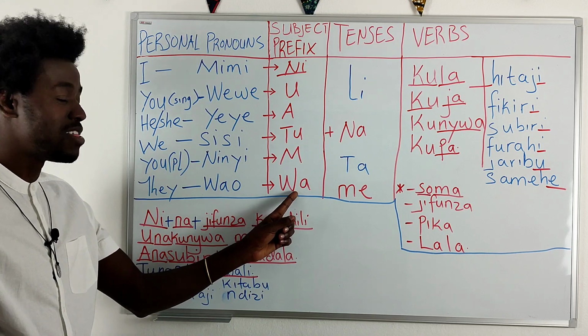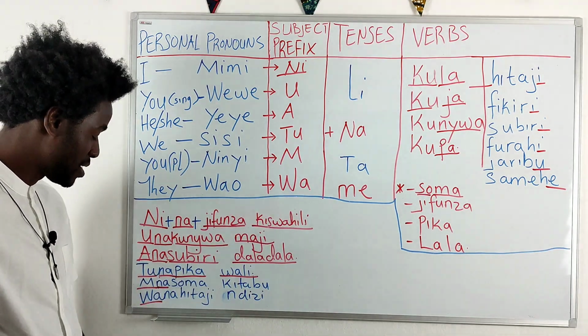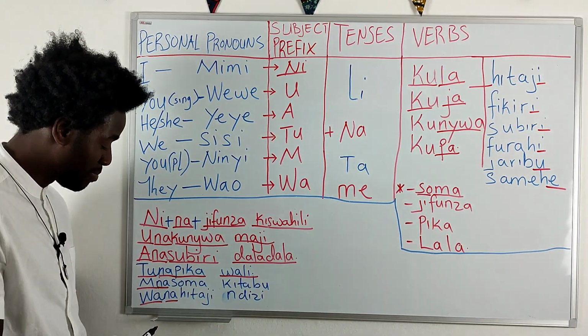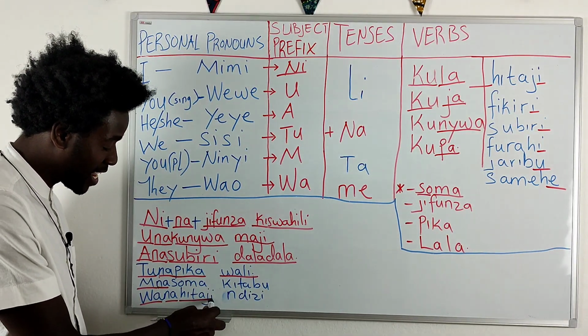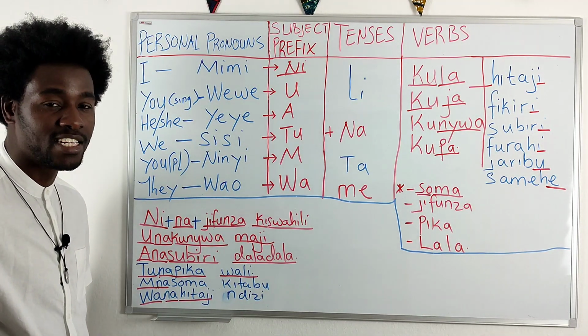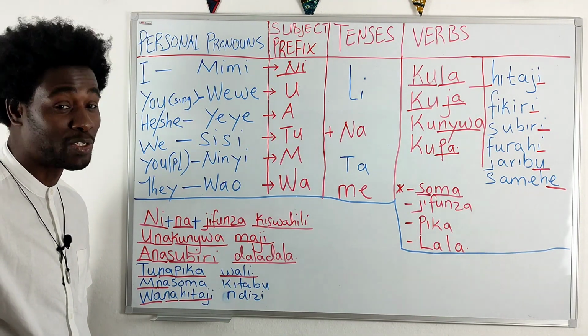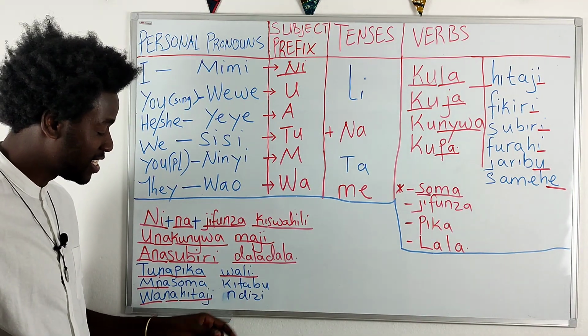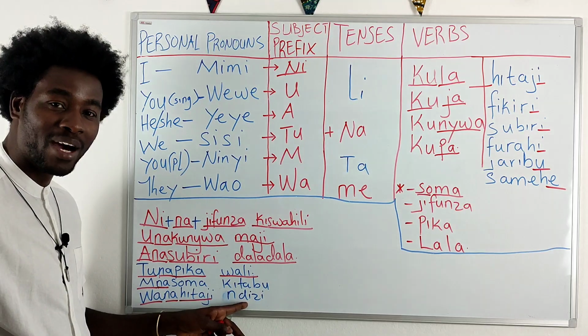The subject prefix, and then na, our present tense, and hitaji. Hitaji, this is need in Swahili, but it's also an Arabic word. And ndizi. They need bananas.